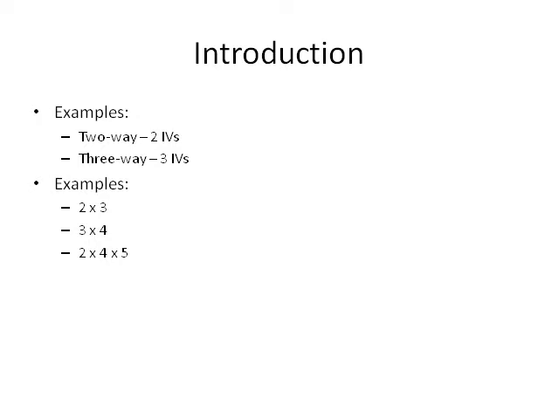For a 3-way design, we might see the design described as a 2 by 4 by 5 factorial ANOVA, in which the first independent variable had 2 levels, the second independent variable had 4 levels, and the third independent variable had 5 levels.